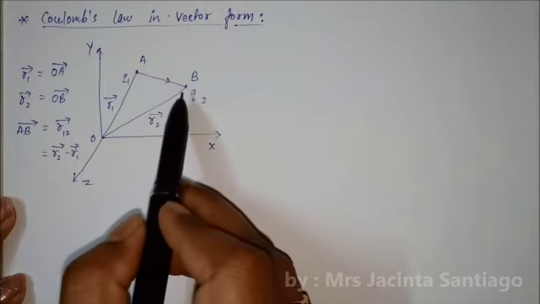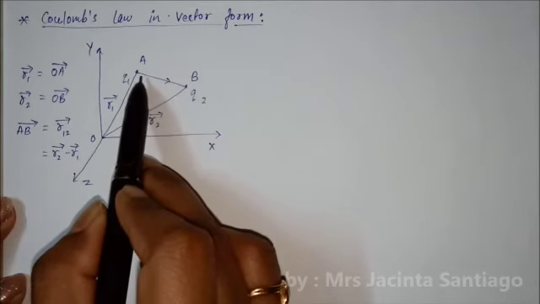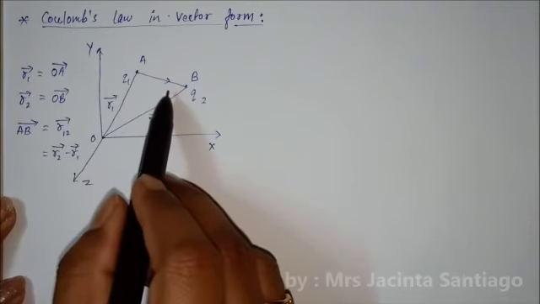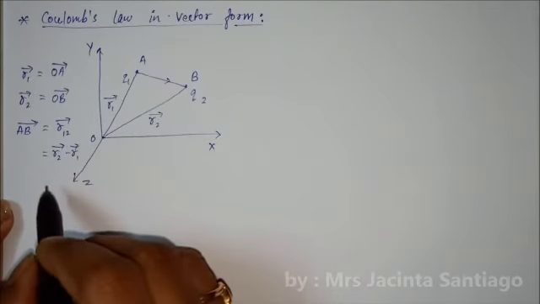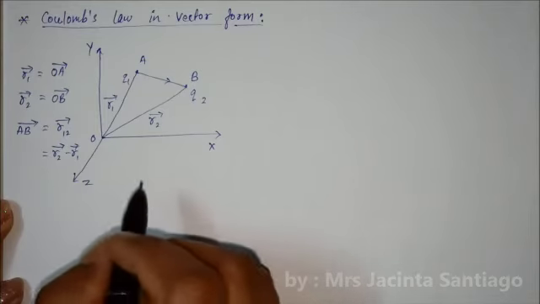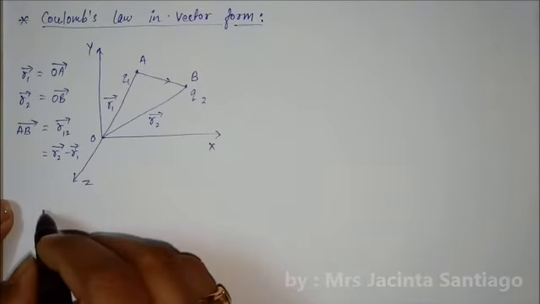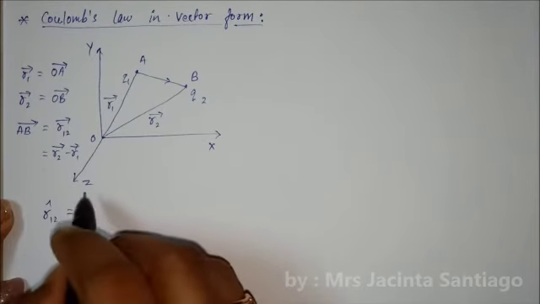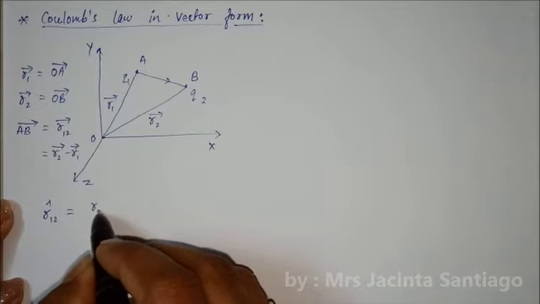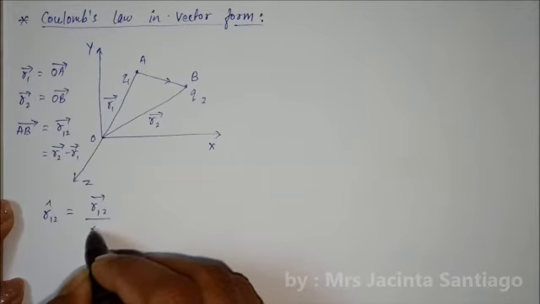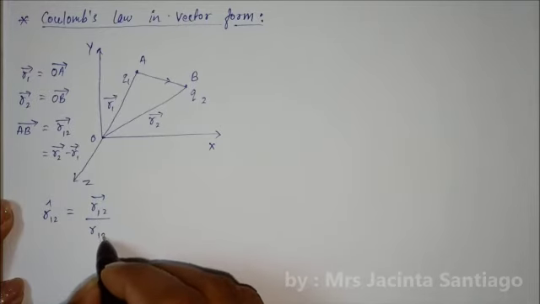We can also take it from B to A, but for this example I am taking from A to B. As the direction of a vector is specified by a unit vector along the vector, we can write R12 cap equals vector R12 upon just the magnitude of vector R12.